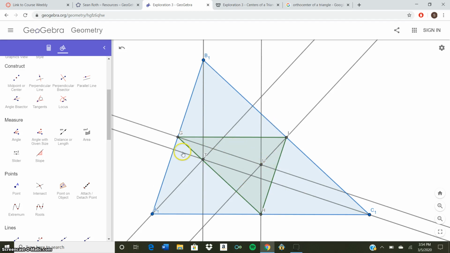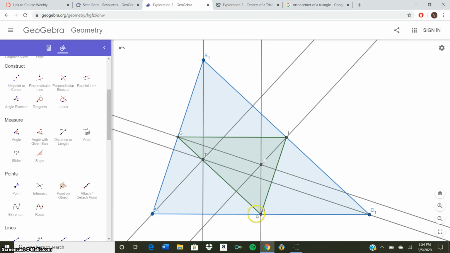They don't really intersect. But what we do see is that all these perpendicular lines are parallel to each other. So we see that this line here is perpendicular to this line, and this line here is perpendicular to this line.